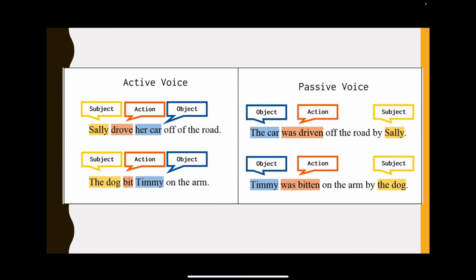The dog bit Timmy on the arm, okay, and then we would change to Timmy was bitten on the arm by the dog. So the most important part of the passive voice is that we need the verb to be and then the past participle form of the verb. It's possible to use "by", but sometimes it can be removed, it depends.